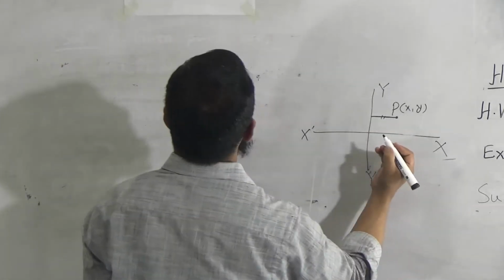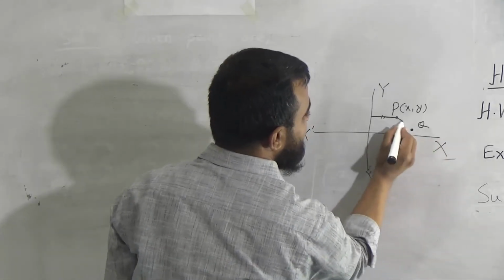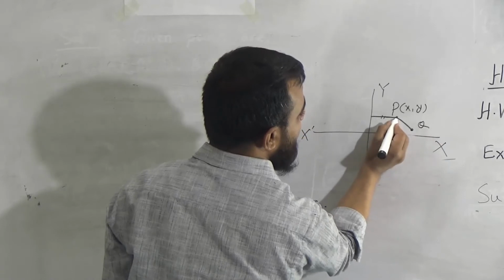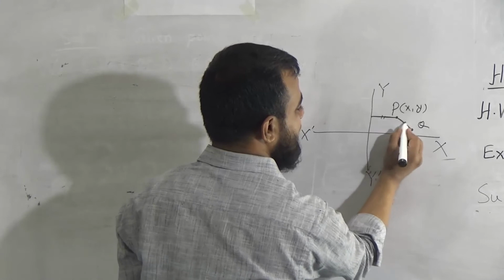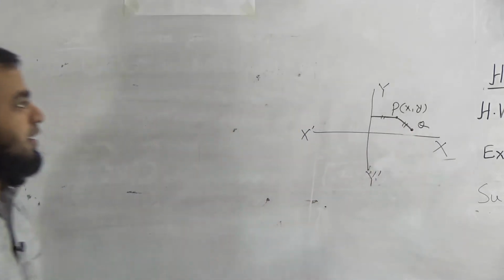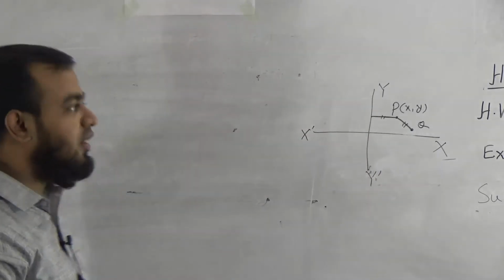Suppose Q point is here. That means PQ's distance and P's distance from the y-axis are similar. These two distances will be similar, and from this we need to prove this equation. Now we can prove it easily.